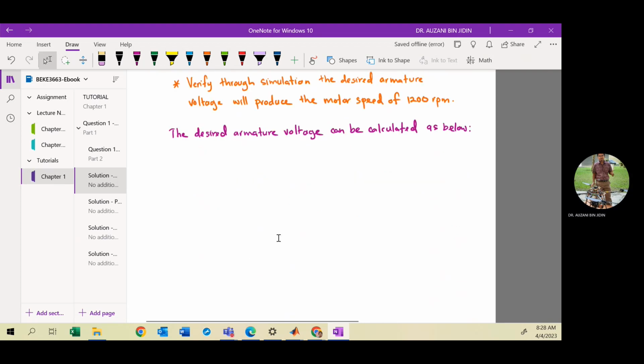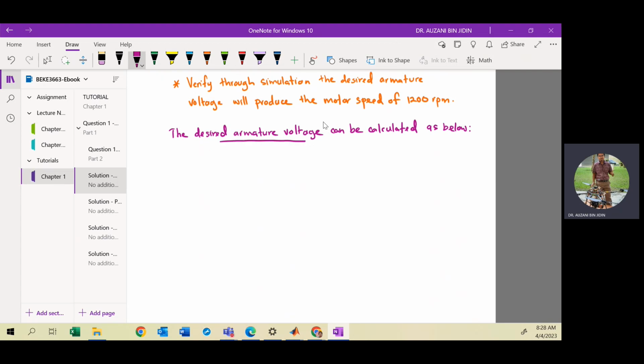In order to calculate the desired armature voltage VA, you have to calculate the torque first. Where the torque is TL.